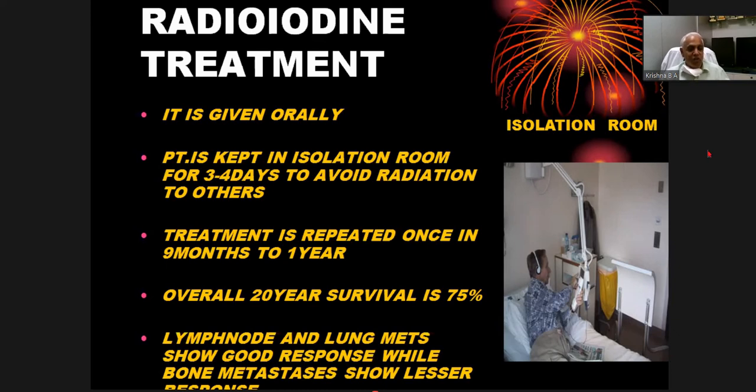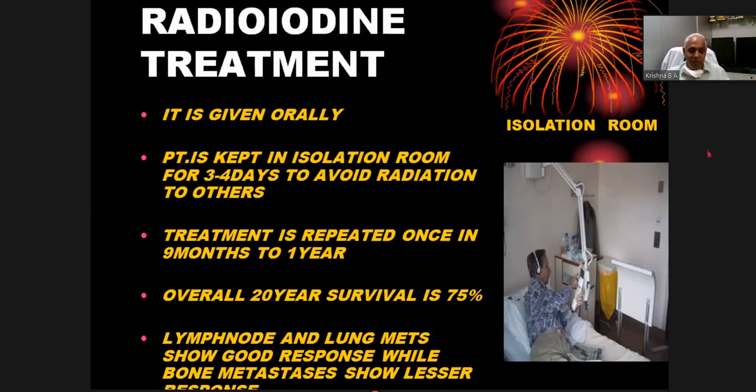If it sticks to anybody's hand or dress, it will keep on giving constant radiation. Number two, during the first 2 days, the entire radioiodine that is given to the patient is in the body, and he will be emanating radiation which will reach a far off distance, more than 3 meters and 4 meters, producing considerable radiation to the surrounding people.